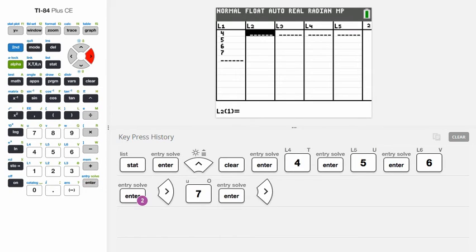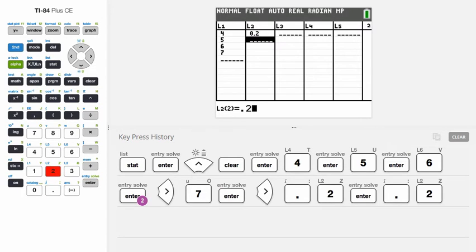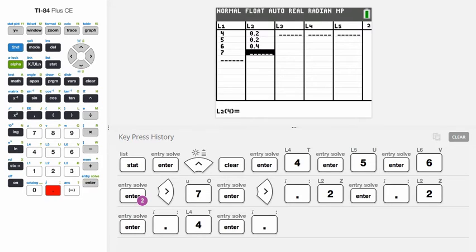Then I go over to L2 and I type my probability. 0.2, 0.2, 0.4, and 0.2. Now I'm ready to graph my histogram.